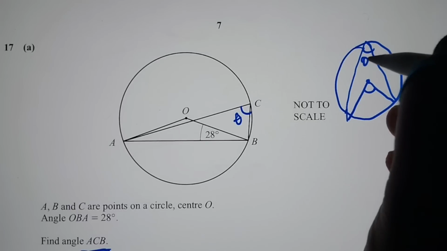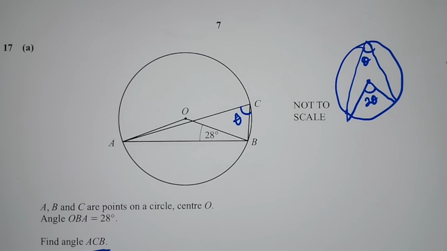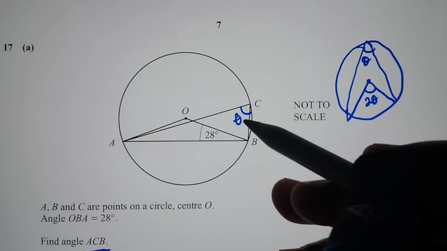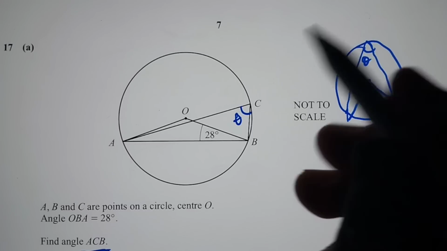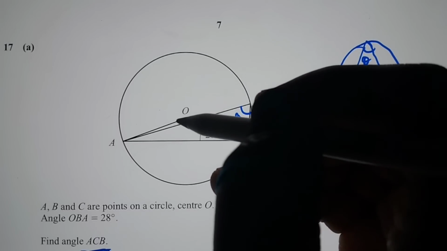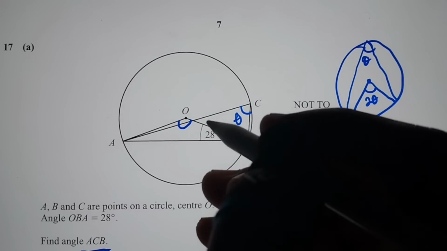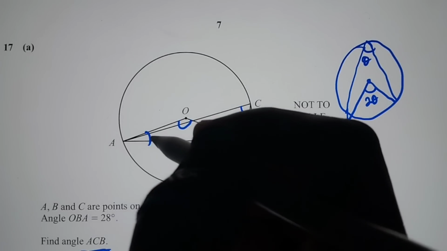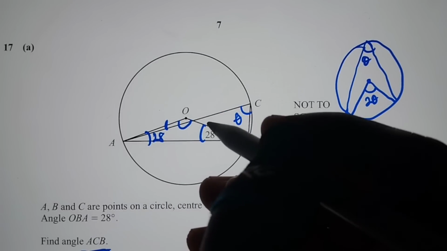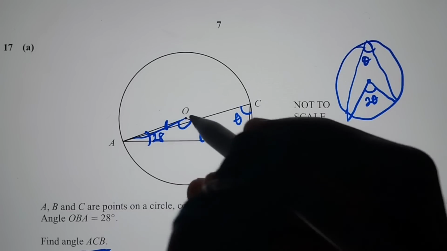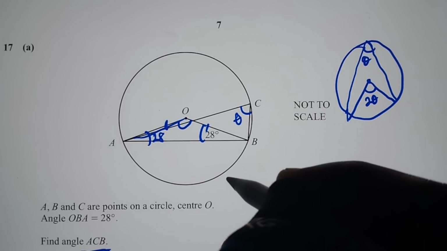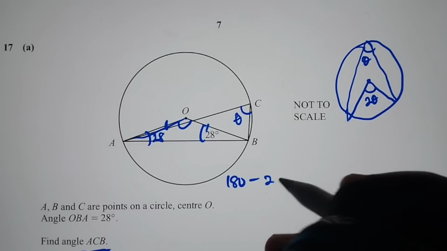That is, if here is theta, here must be 2 theta. So that's exactly the same thing we have here. Only that we do not have the angle at center, so we need to find it. If here is 28, here must be 28, because this is an isosceles triangle, radii. Then we do 180 minus 2 times 28.